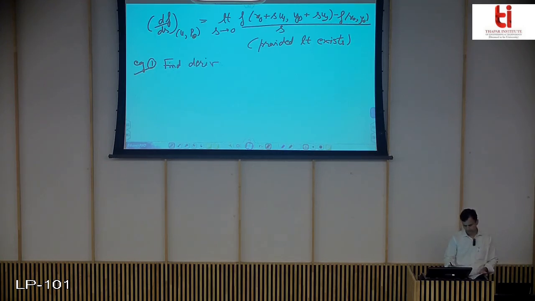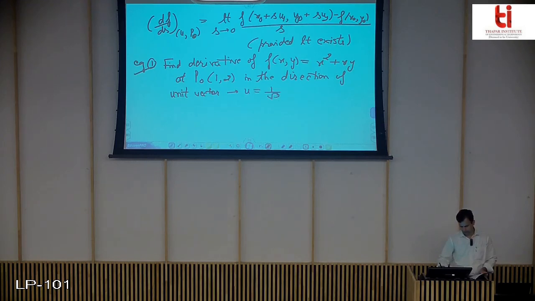Find the directional derivative of f(x, y) at the given point in the direction of the unit vector u equals 1 over root 2 i plus 1 over root 2 j. Use the definition of directional derivative to solve.